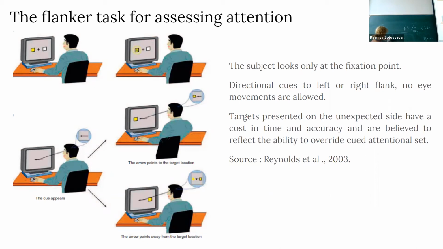So when the arrow shows to the left and you have the stimulus on the right, it's harder, but it's not harder to press the same button. So he decided that there are some structures which are connected with some cognitive functions, and you need some special attention for these cognitive functions, a kind of volitional and non-volitional attention, but in a neuroscientific way.